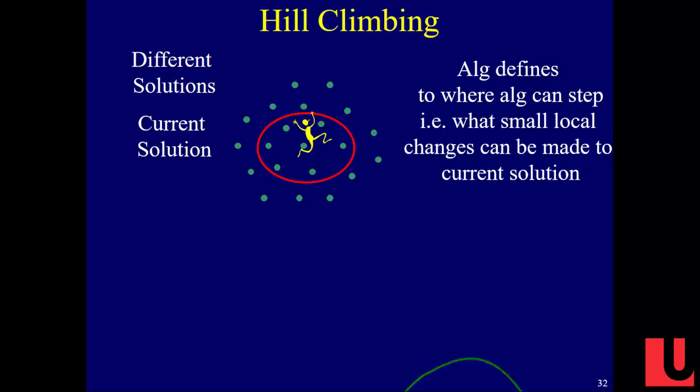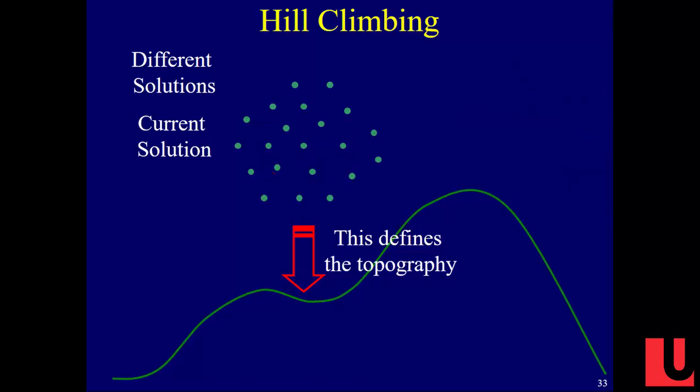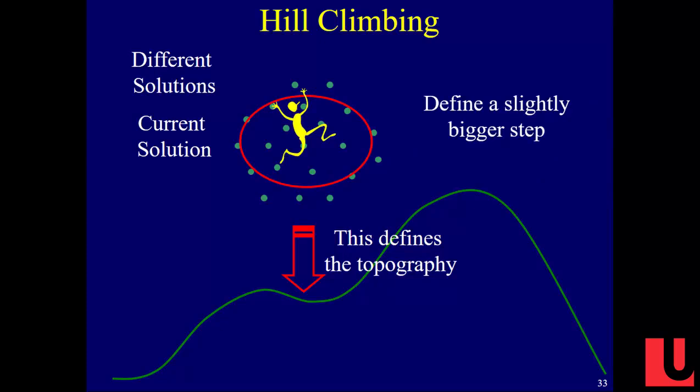And given that definition of step, we have a certain topology, right? Here I'm located here, that if I make a small change, then it's going to get worse, right? But if somehow we can make our definition of a step just a little bit bigger, then maybe that'll change the topology enough to get rid of that little valley. Does that make sense?